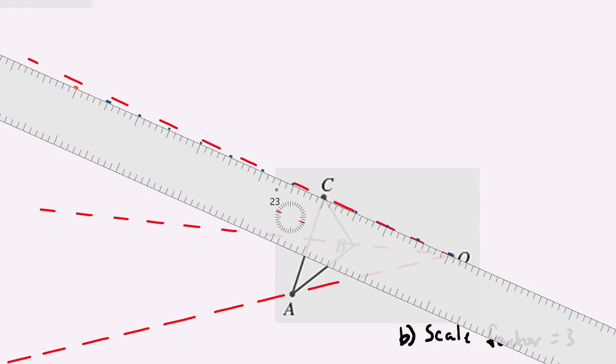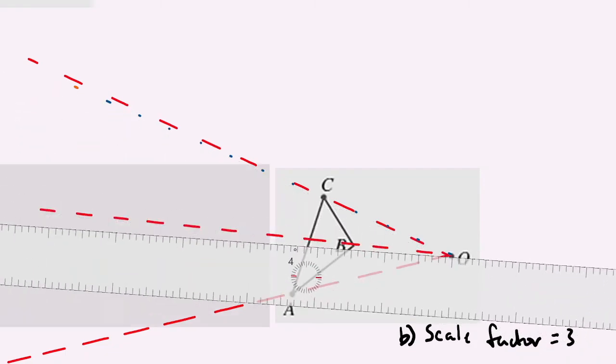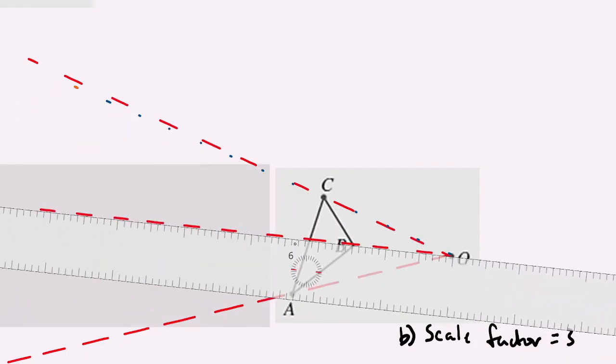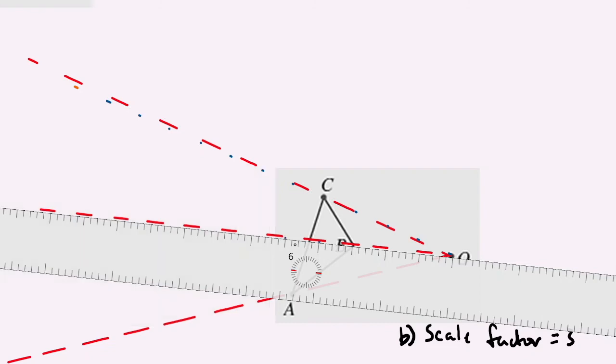Do the same thing for B. And it's 3, so same distance as before. So I want 3 times 3, so now I want to go to 9. So I want 3, 4, 5, 6, 7, 8, 9. Put my orange dot there.